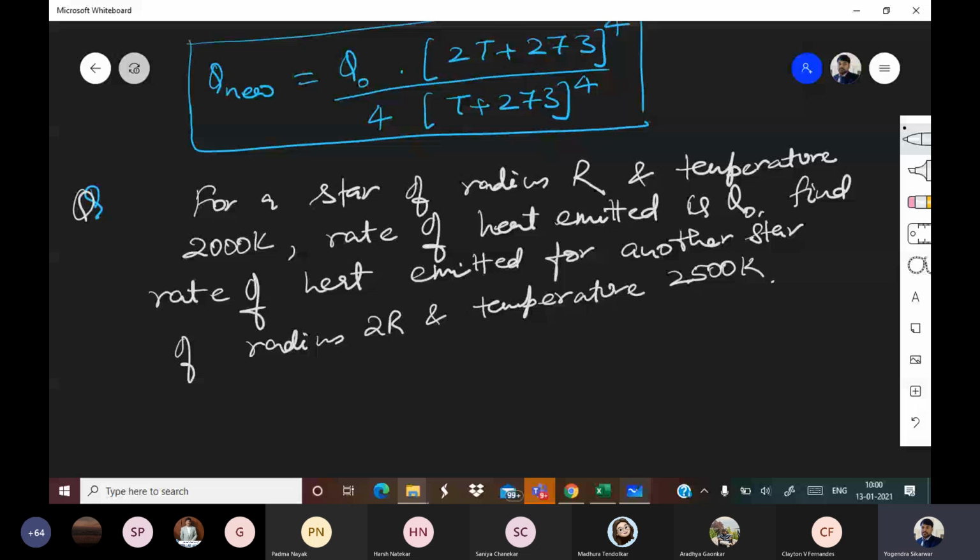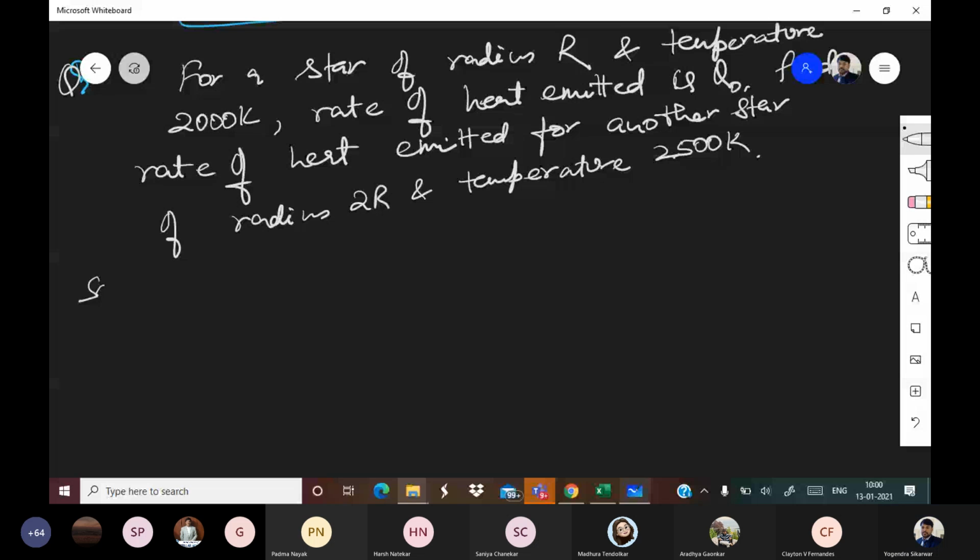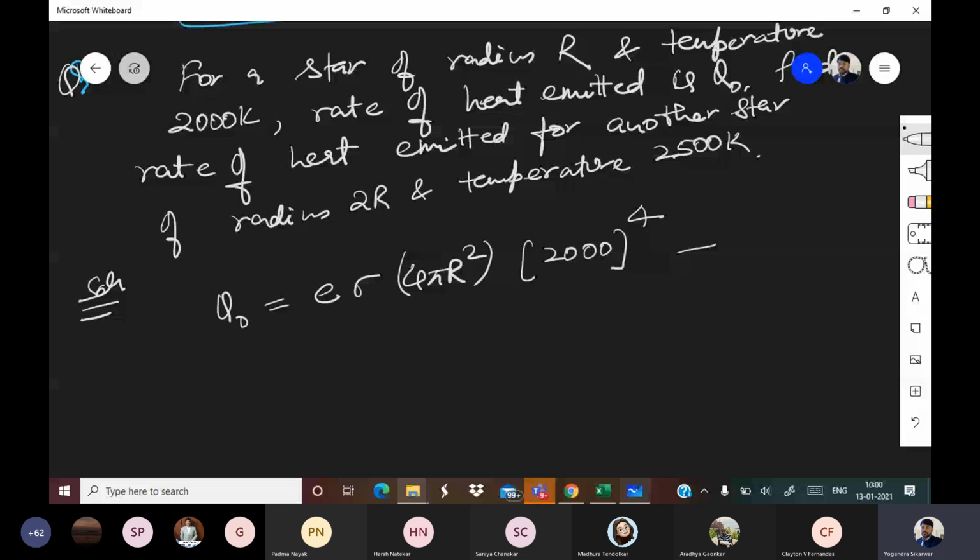So everyone please pay attention. Q naught is equal to E sigma A, 4 pi r square because stars are spherical, into 2000 to the power 4. This is equation 1. Now Q new is equal to E sigma, radius is doubled, so that will be 4 pi into (2r) whole square, into 2500 to the power 4.